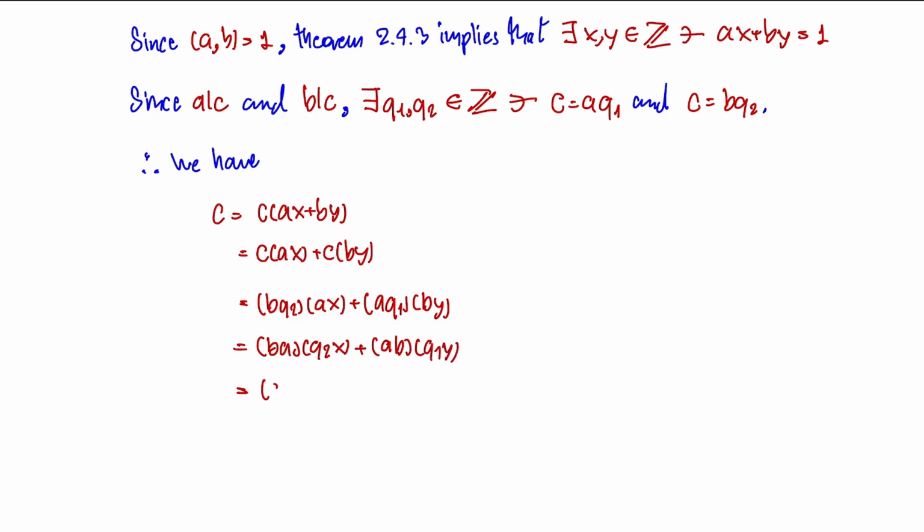It turns out to be ab q2x plus ab q1y. And we factorize ab, so we have ab times (q2x plus q1y).